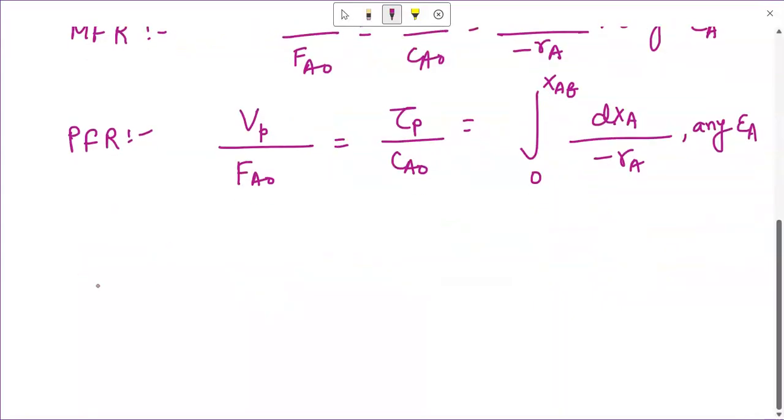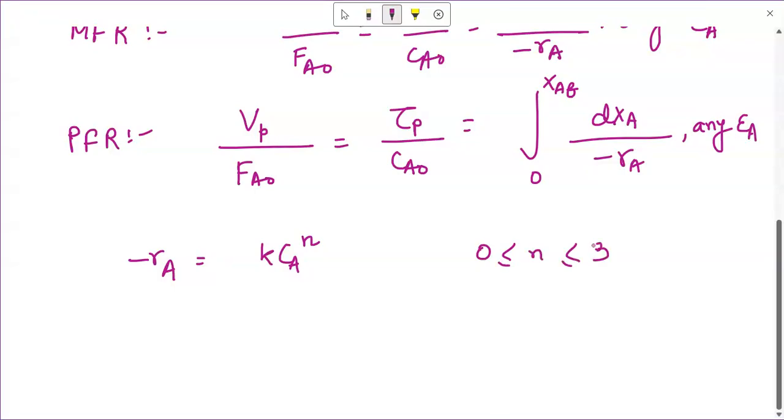Let's say you have the rate equation -Ra = k Ca^n, and n varies anywhere between 0 and 3.